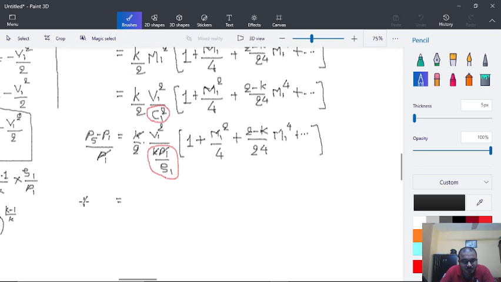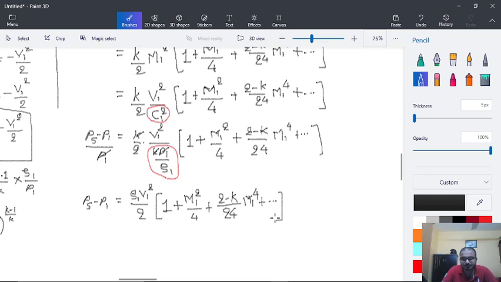So ps minus p1 is equal to rho 1 v1 square upon 2 into 1 plus m1 square upon 4 plus 2 minus k divided by 24 into m1 raised to 4 plus.